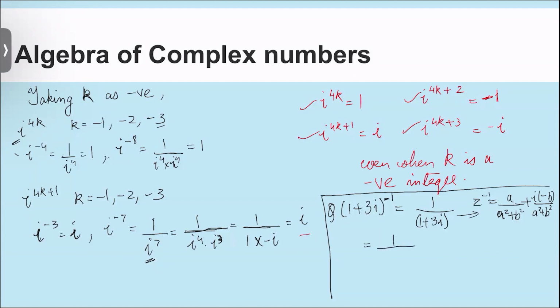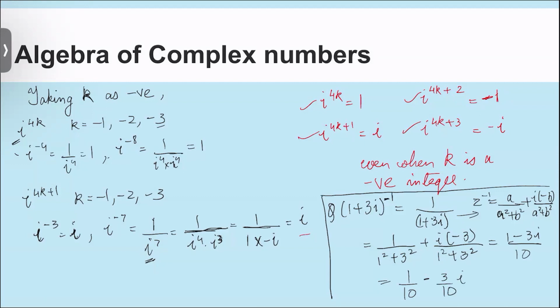So you have 1 upon 1 square plus 3 square plus i times minus 3 upon 1 square plus 3 square. In the final form, you get 1 minus 3i upon 10, which equals 1 upon 10 minus 3 by 10 i. Okay, so this is how you can find it.